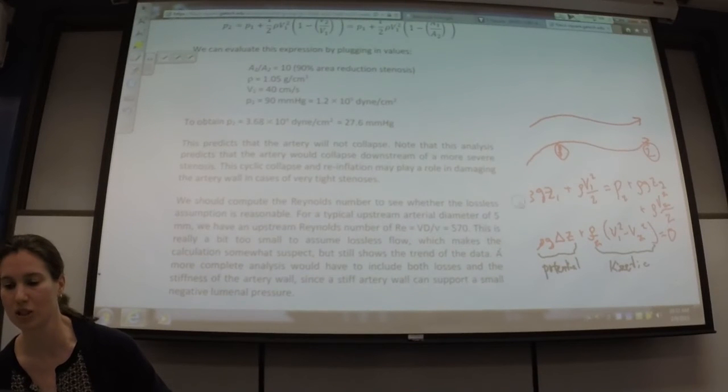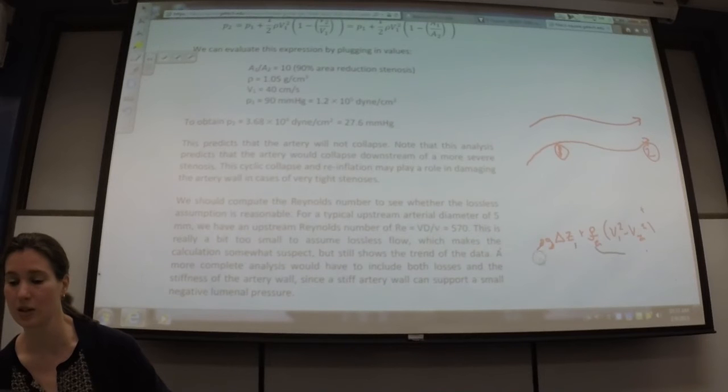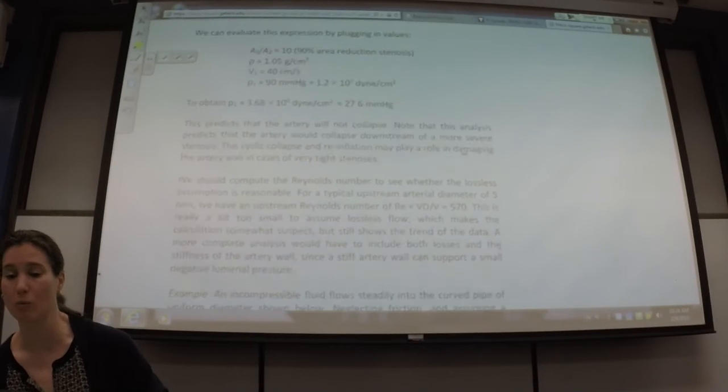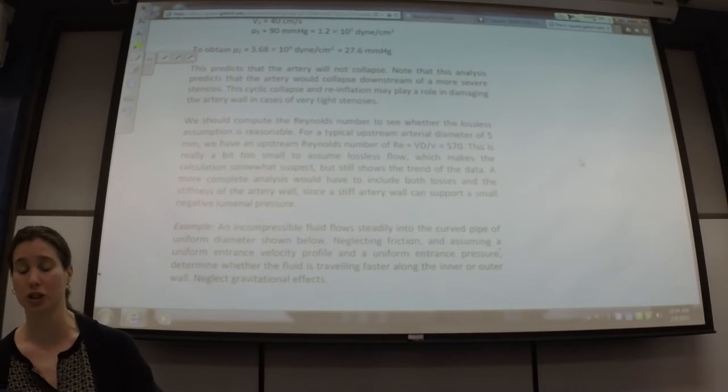What Dr. Ethier mentions in the lecture notes here is that you can actually calculate the Reynolds number. Have you learned about what the Reynolds number is? Yes? So it's really a balance. It's a way of describing your dominant physical properties for fluid flow and whether momentum is going to override friction or vice versa.